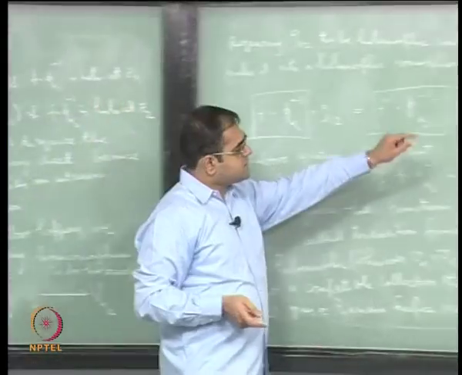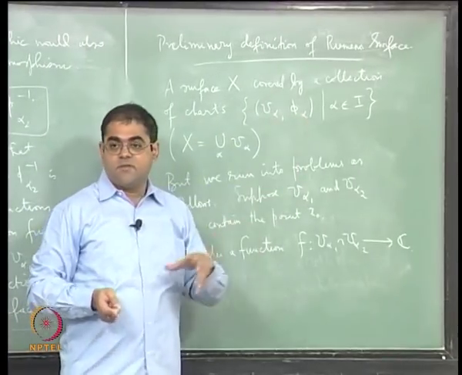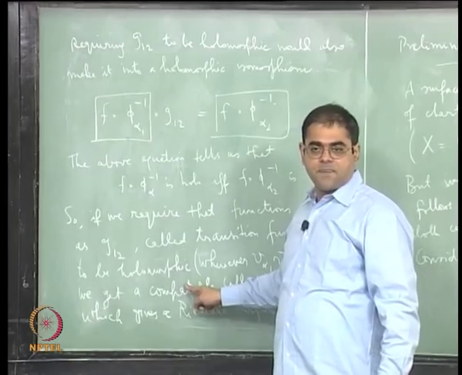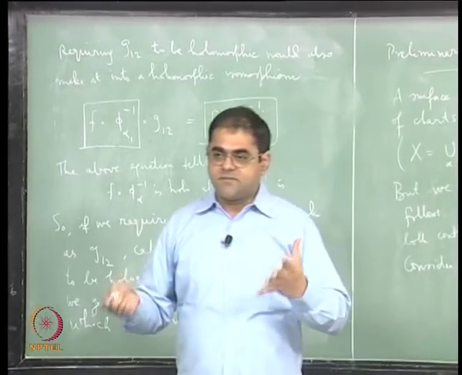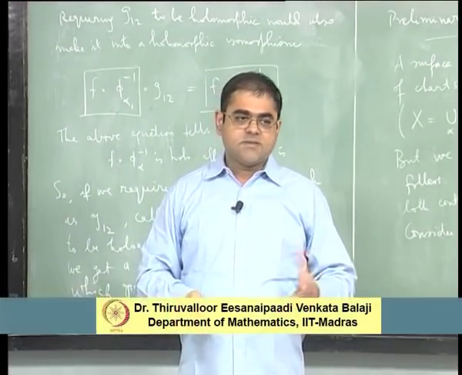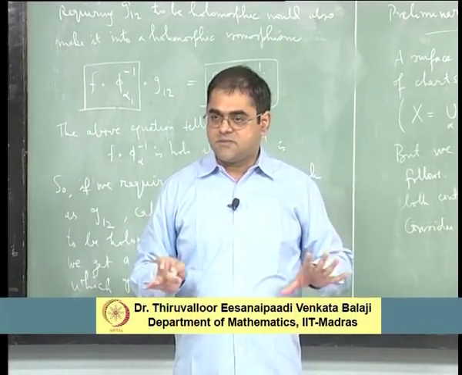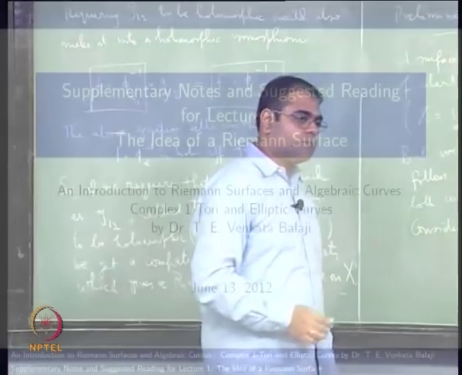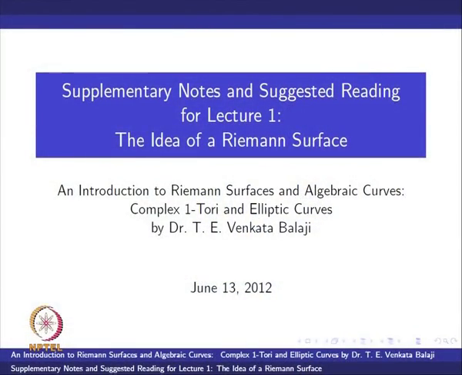So you just take a collection of charts which are compatible with each other, this is the compatibility condition, and that gives you a Riemann surface structure on X. So this is the beginning definition of what a Riemann surface is. So let me stop here.